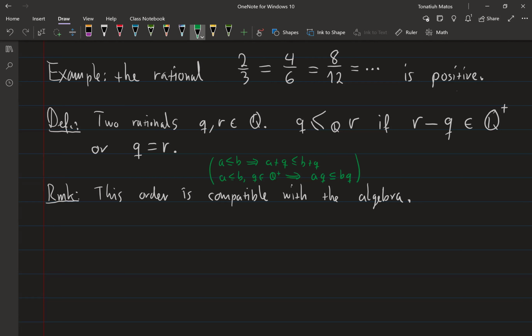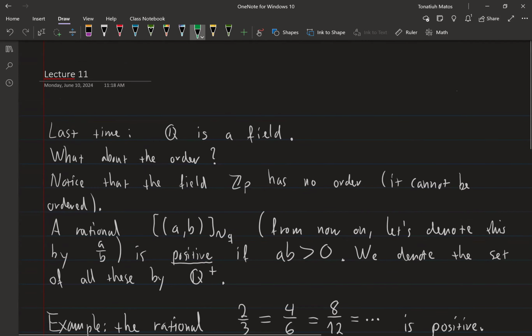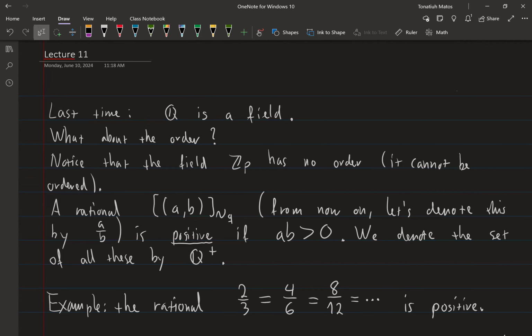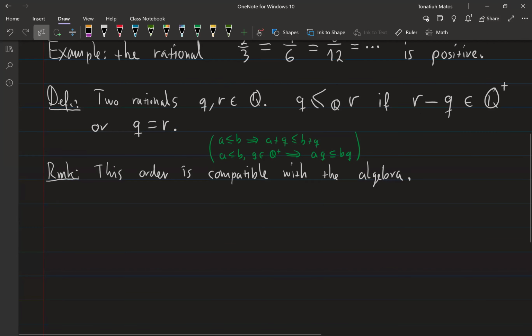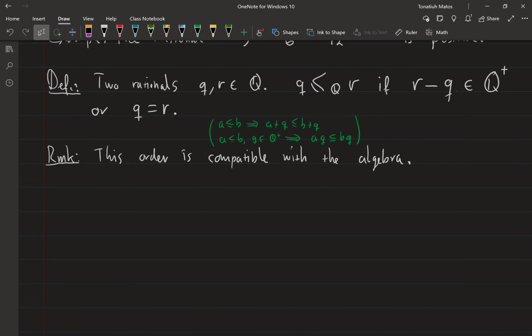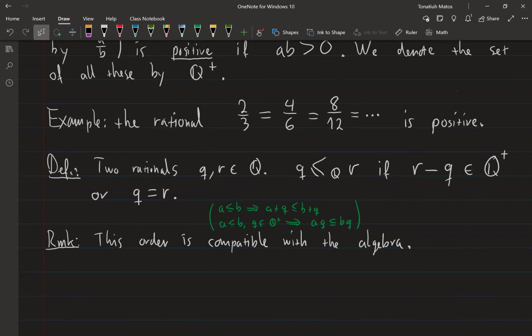This is what it means to be compatible, that it behaves the way you would expect, and this behavior doesn't happen with the modular classes. So we actually do need the rationals to have an ordered field. All right, so this tells you how to deal with the rational numbers.